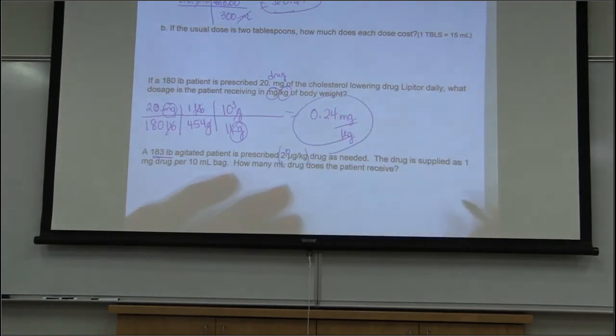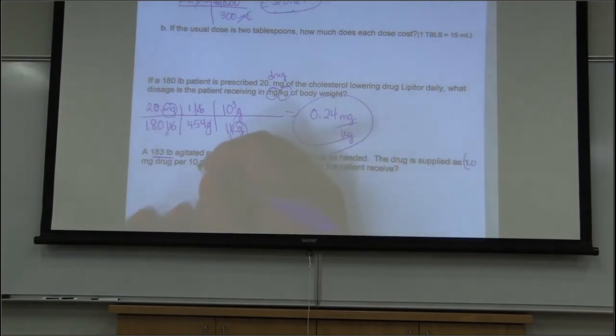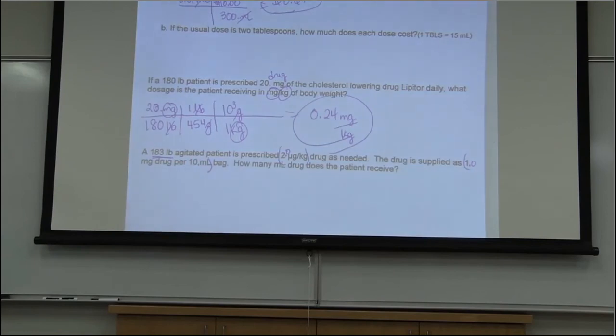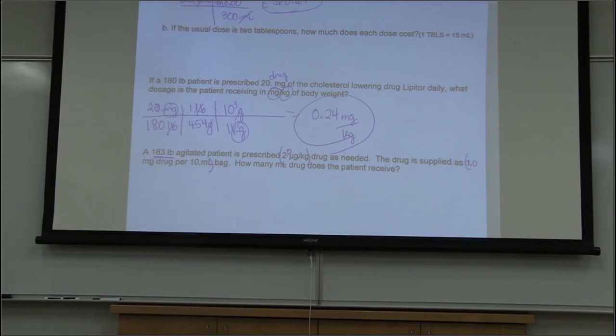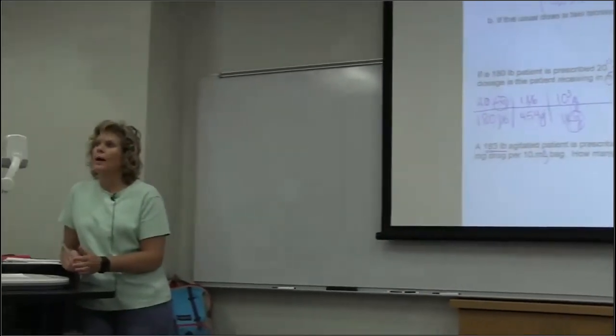That's a conversion factor. Call this 1.0 milligrams per 10 milliliters. Now, pay attention to who's who, because you have the mass of the person and you have the mass of the drug. It's similar to this problem, but a little more detailed. Try it. Try this problem.